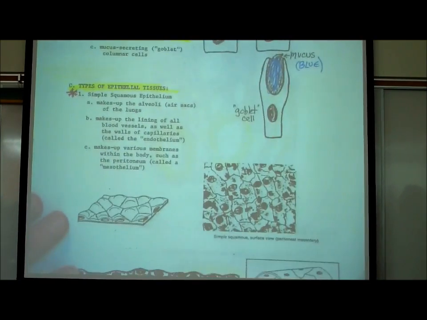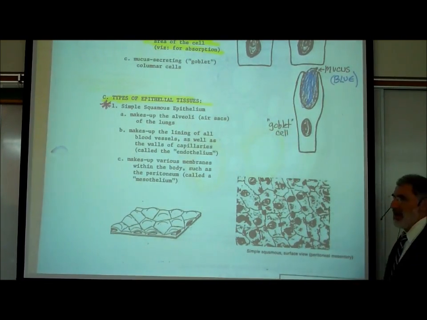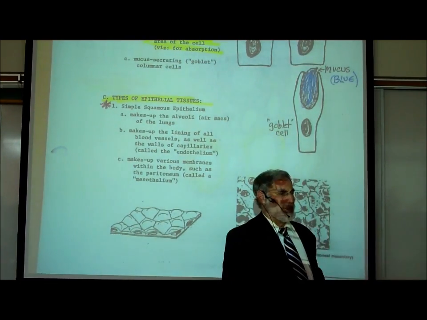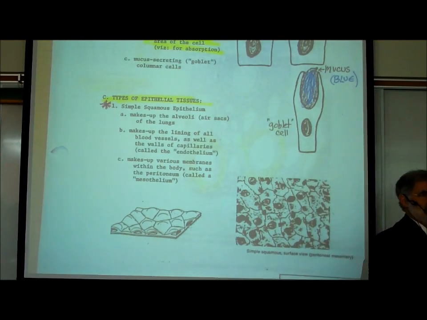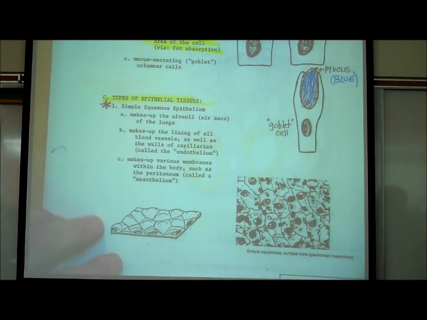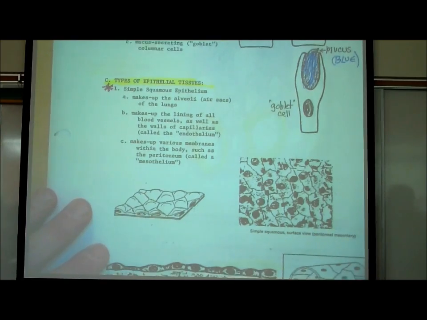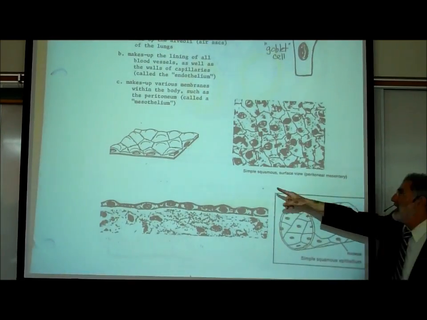So we started to enumerate some examples of epithelial tissue. These are covered in your textbook. They probably mentioned 30 different types of epithelial tissue. In your lab manual, they probably mentioned 20. I think I gave you about 10. So the first was simple squamous epithelium. It basically looks like this.